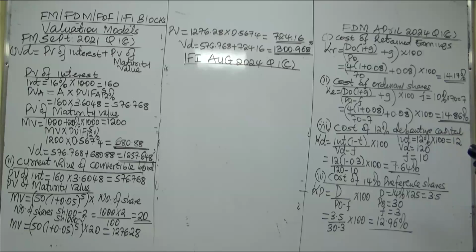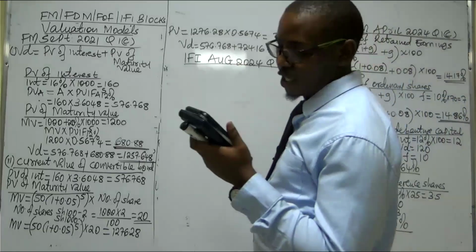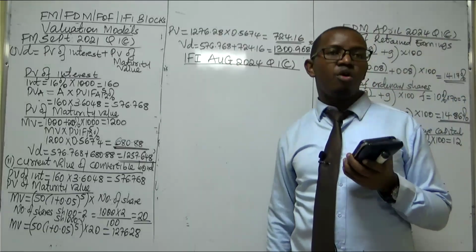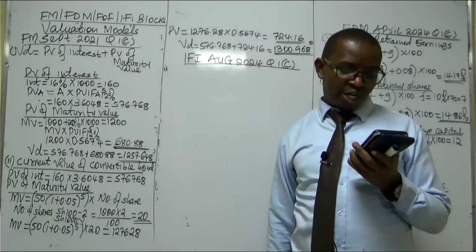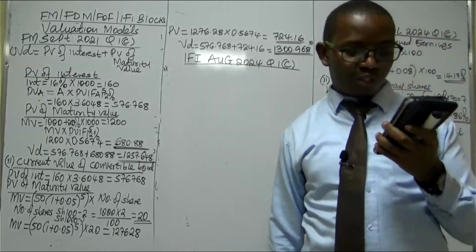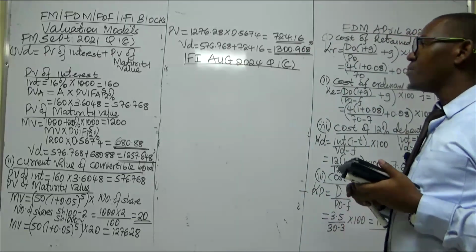Company's shareholders require a minimum required return on investment of 16%. You are required, using the dividend growth model, to calculate the market price per share as of 31st December 2023, prior to the change in the new policy.